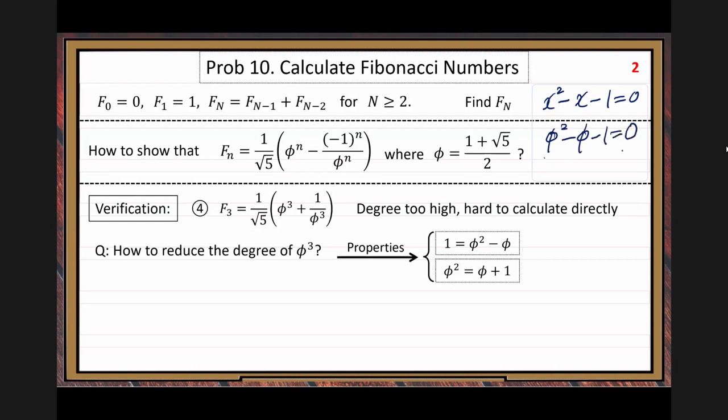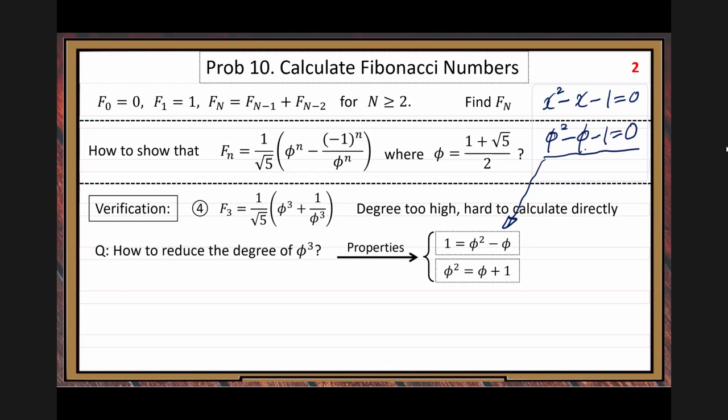From this identity for phi, can you get the first property? You move the minus 1 to the other side, you get 1 equals phi squared minus phi. You move minus phi minus 1 to the other side, you get phi squared equals phi plus 1.